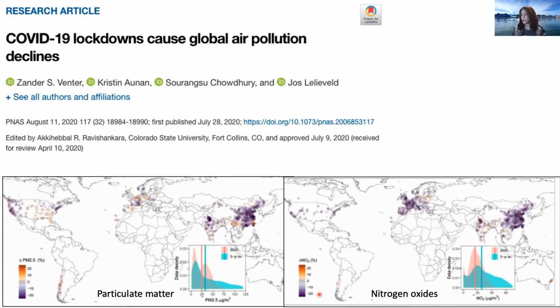So here the purple colors indicate a reduction in those two types of pollutants relative to a 3-year average baseline that was calculated for the past 3 years, not including 2020. So by and large, across Asia, in the United States, and in Europe, we see drastic decreases in the amount of nitrogen oxides and particulate matter produced.